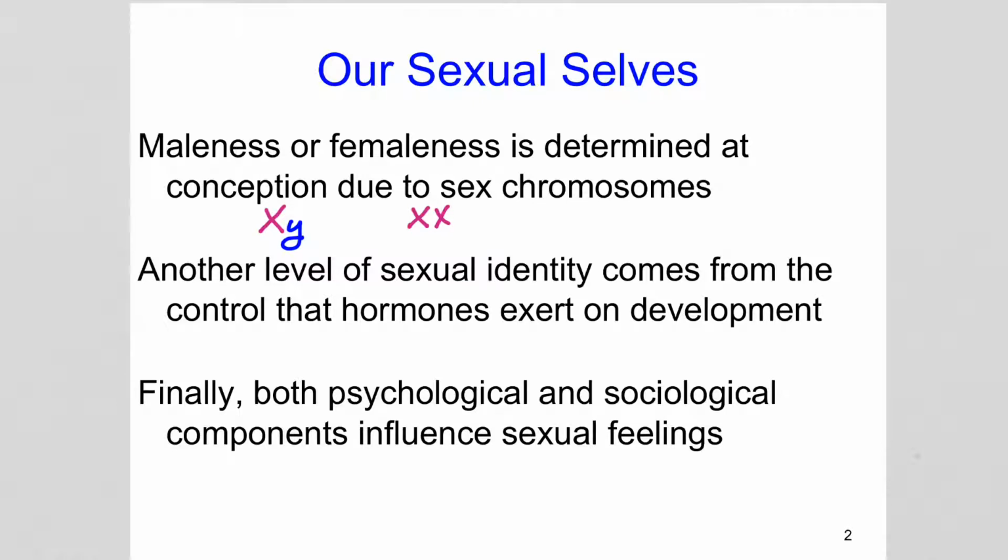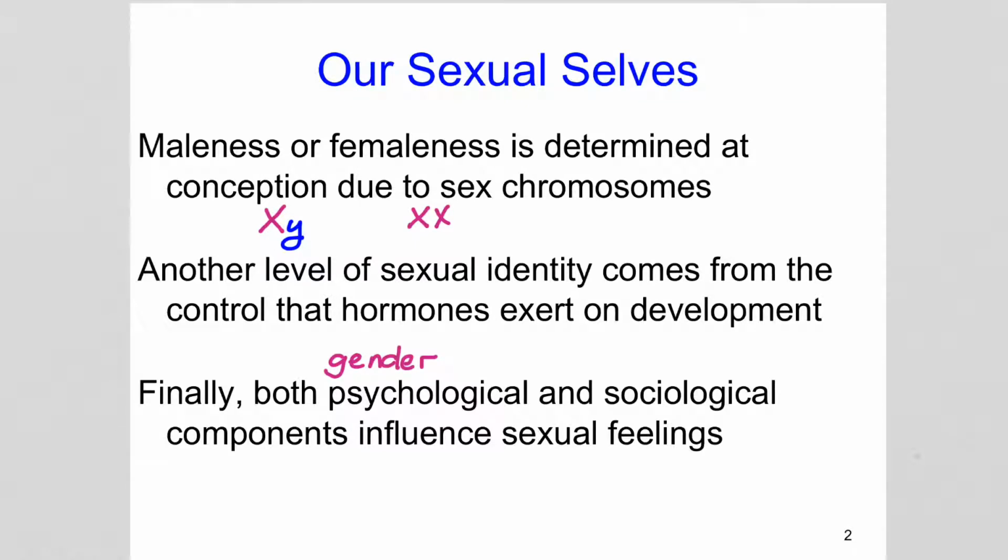Finally, another aspect that influences the sex of an individual, and really I like to use the term gender here, comes down to gender identity: how an individual views themselves with respect to their sexual identity.